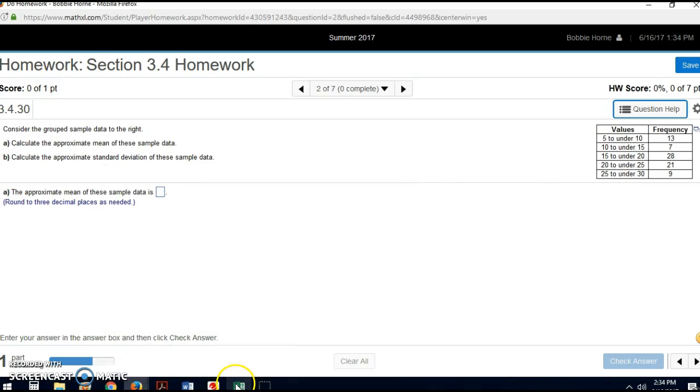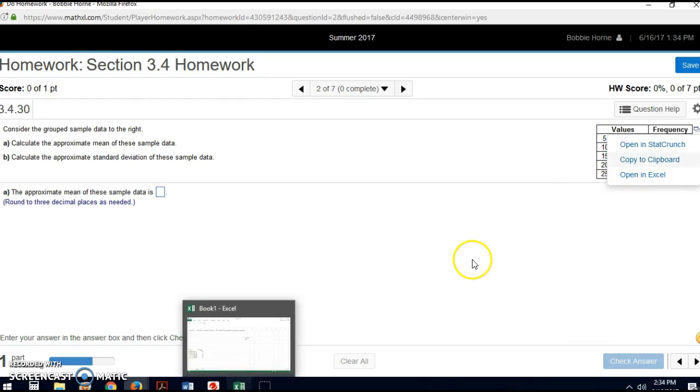So what I've already done is I've copied this to a clipboard, but you could open an Excel and do that first, but I'd already made me an Excel spreadsheet. I'd already set it up, so I just copied it to a clipboard and pasted it in.